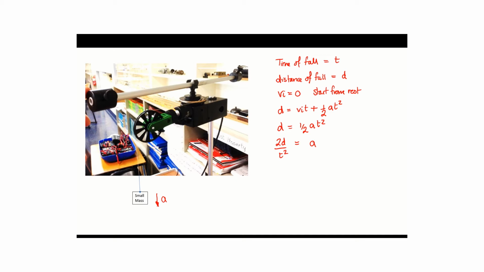The easiest way when doing this particular experiment is to allow the bar to spin or rotate 5 times. In other experiments, we may choose to physically measure the distance that the mass falls. So let's assume we're going to allow the bar to rotate 5 times.